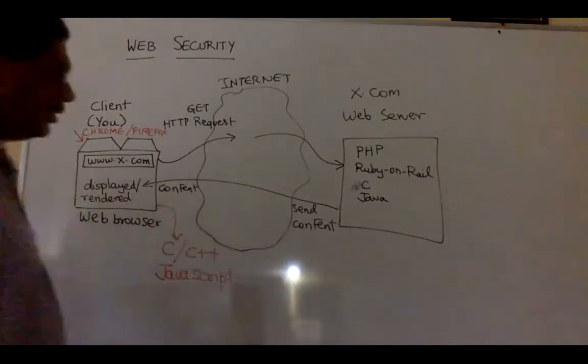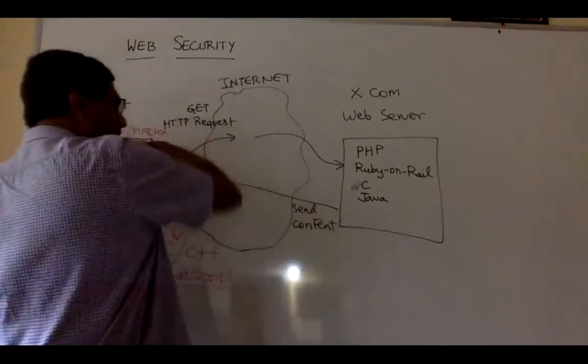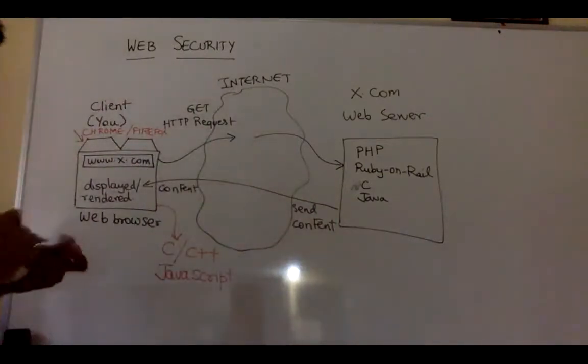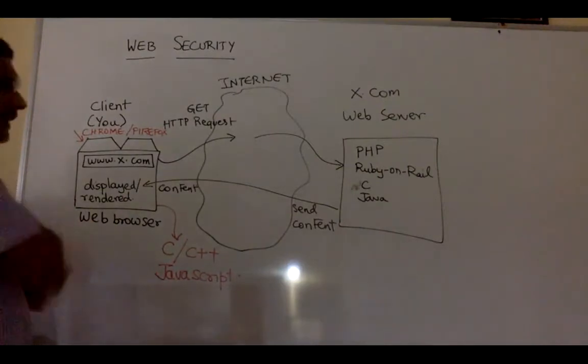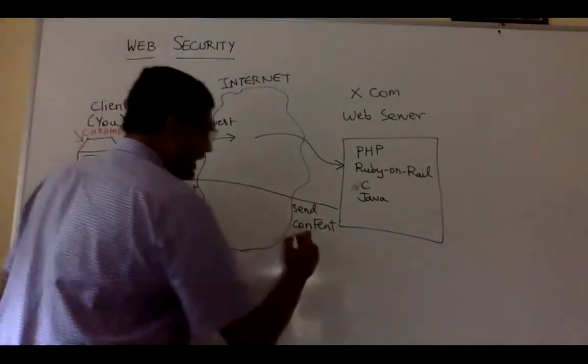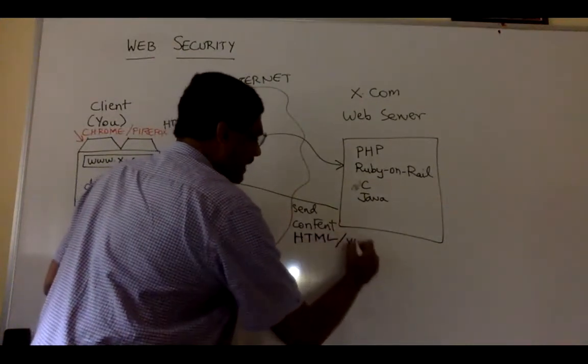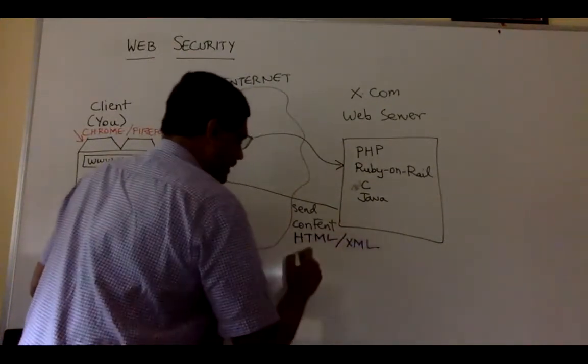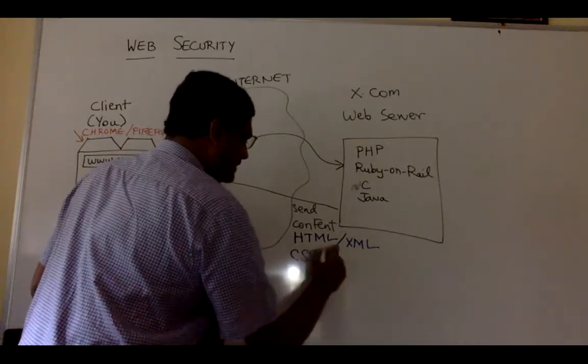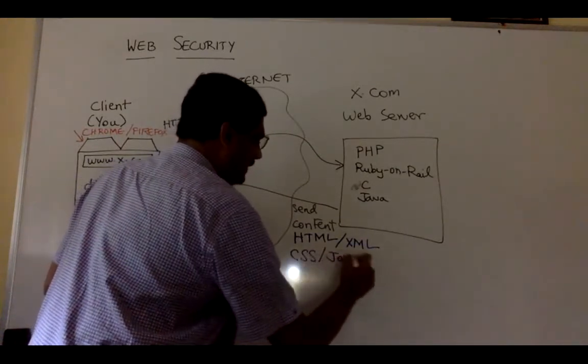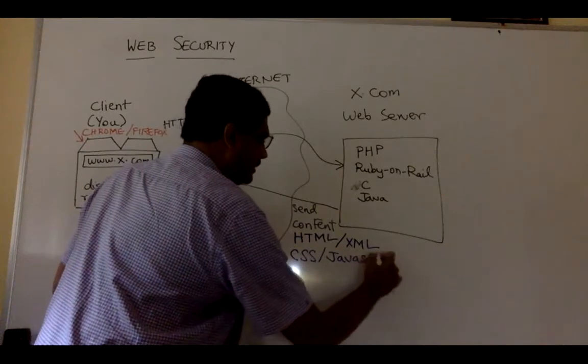What does it send back content in? Well, the content that it sends back over to the web browser is a combination of things like HTML, it could be XML, it could be cascading style sheets, and it could be, very importantly, JavaScript.